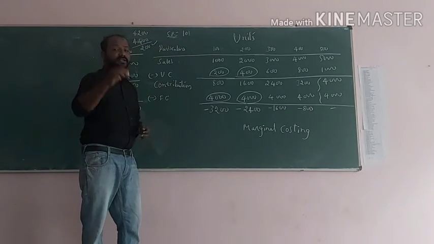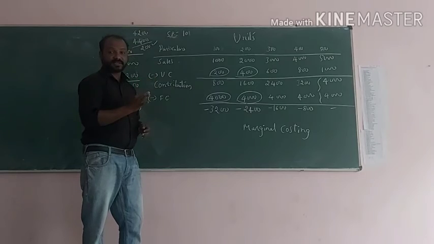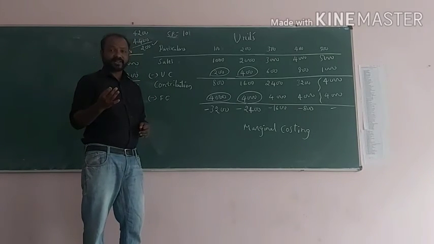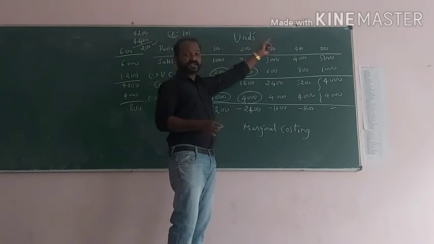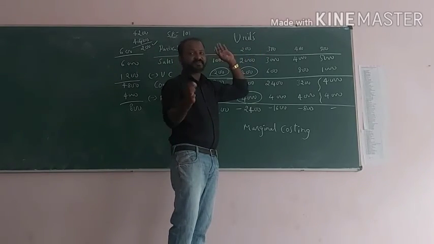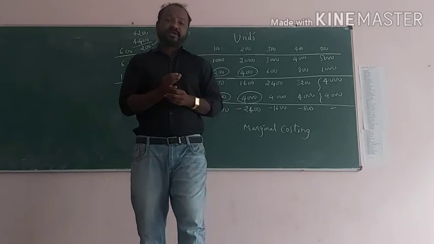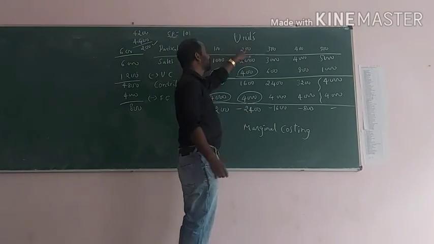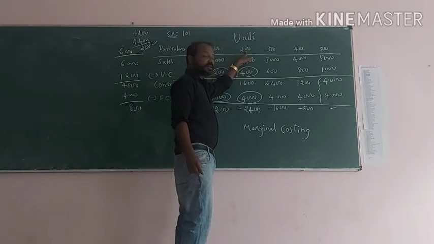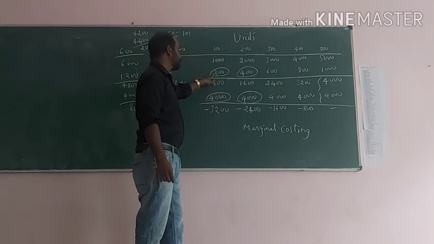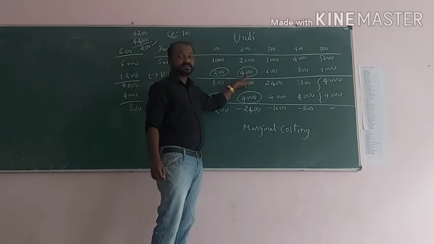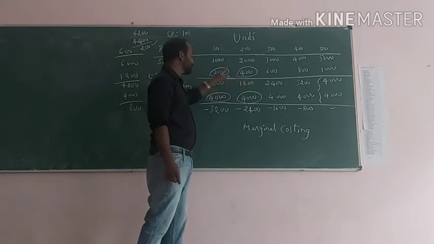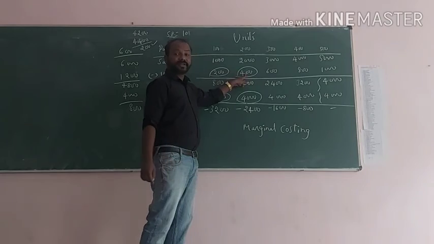In case of marginal costing, we consider the cost that has been affected by production quantity. Here production quantity was 100, here it is 200. Earlier variable cost was 200, right now variable cost is 400. We are considering these differences in variable cost.